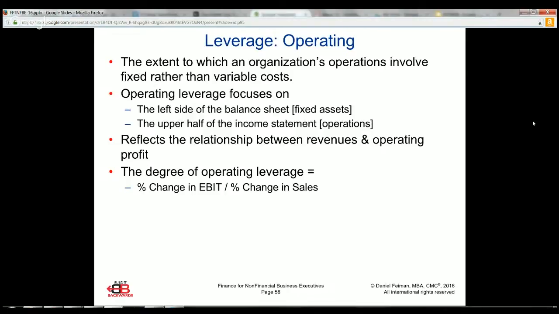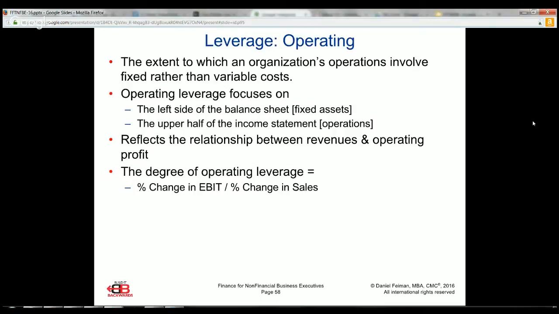Of course, the downside of operating leverage is if we don't reach the revenue targets that we need to, we still must pay for those fixed assets. Those fixed operating costs are still going to be there. Therefore, the higher the operating leverage, the higher the possibility of not making the profits we want.